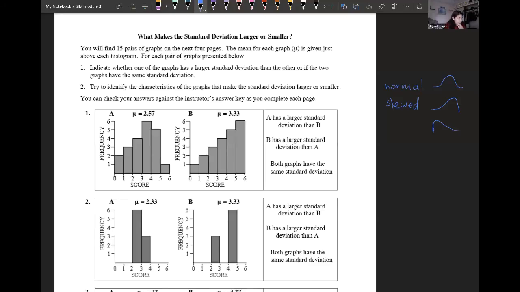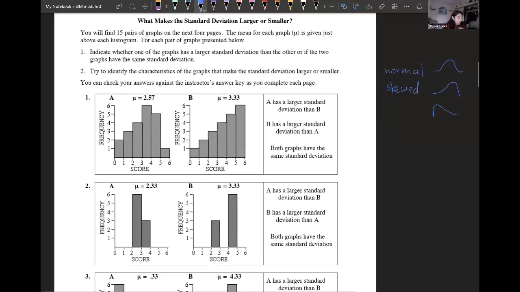So for 1B, can anyone tell me what the shape of that is? Skewed left. Yes, skewed left. So you see how it does one of these, and the tail is this way. So skewed, and then the tail is in the left. So it's skewed left. Perfect.